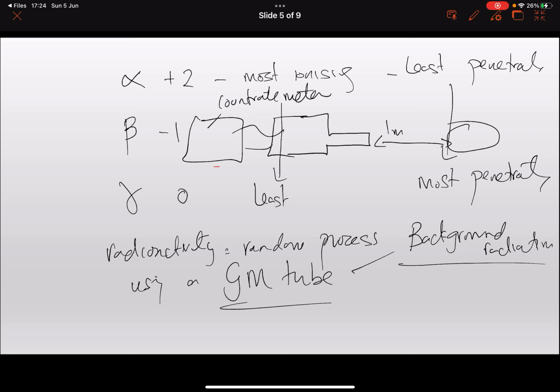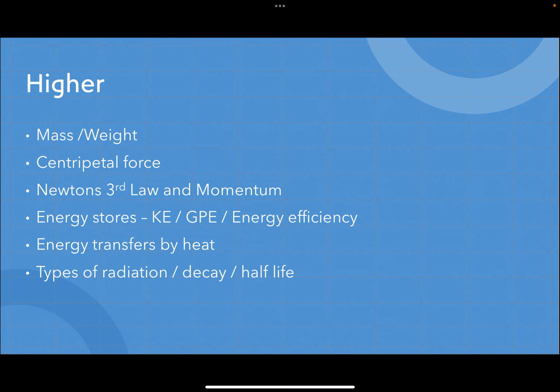The count rate simply is the number of clicks per second on the count rate meter, and it's just 1, 2, 3, 4, 5, and so on. To get the accurate reading, just take that away from background radiation. Right, that's everything I would say you need to know for the higher and foundation paper for combined science.